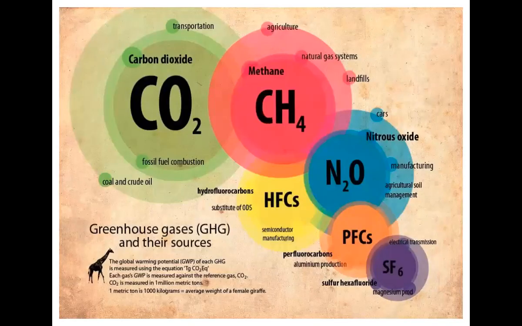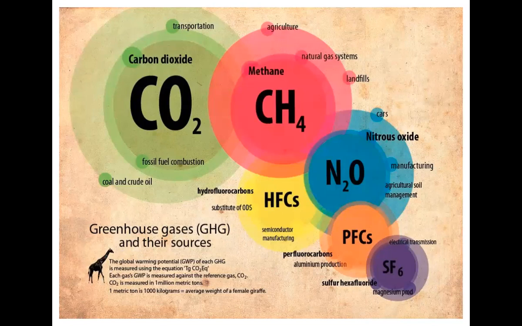Here are some other examples of greenhouse gases and where they come from. Methane, a really big piece of where this comes from is agriculture. What do you think of when you think agriculture? Because when I think agriculture, I think farm.